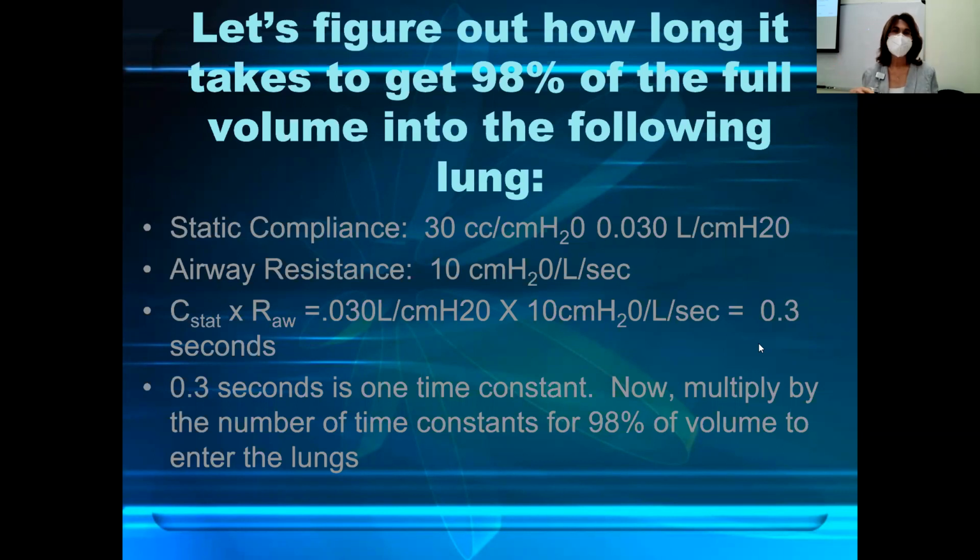Okay, so the second part is you have to know the formula. All of the information will be given to you. So you just plug in the static compliance, you plug in the airway resistance. And remember, the static compliance has to be in liters, but you just multiply those 2 things and you're going to come up with the number of seconds for one time constant.